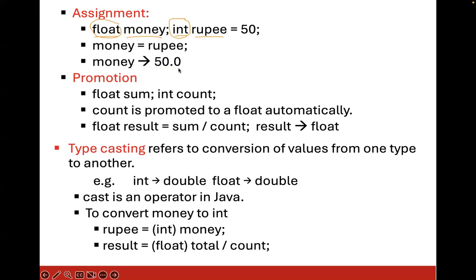So I will explain this further. Let's assume this is the code. So we have float money, int rupee equal to 50, and then you are going to develop the conversion: money equal to rupee, and then you ask to print money.